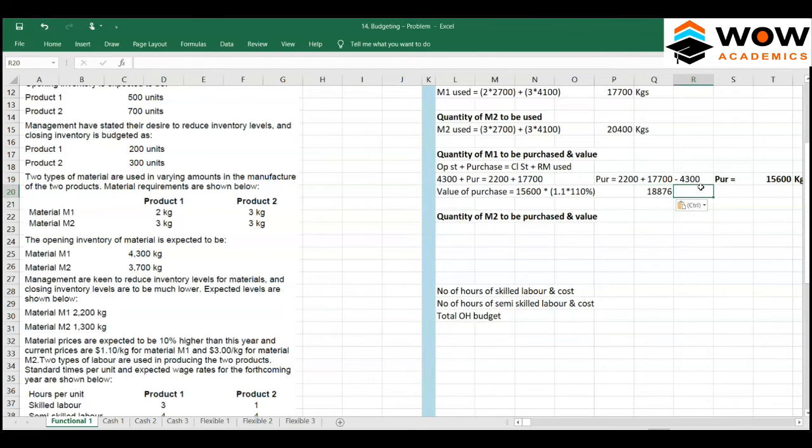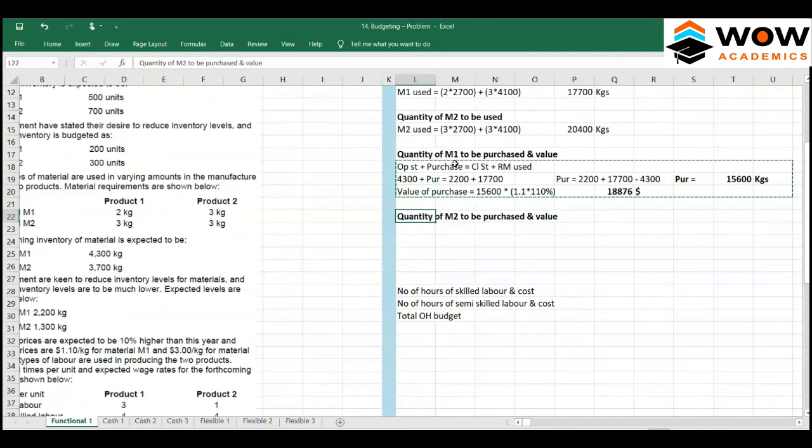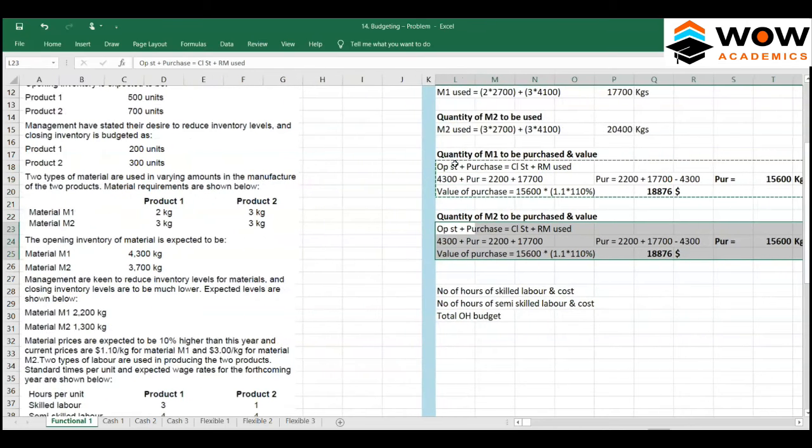So this is the value of purchase, and this value is in terms of dollars. In a similar manner we have to work it out for M2 also. So let's get those numbers. It's the same numbers, numbers alone we have to change.